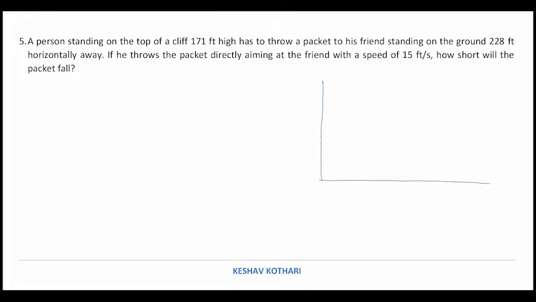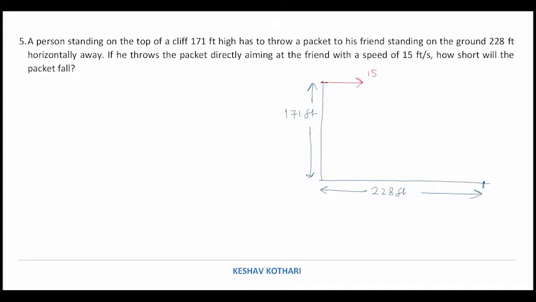So I am marking one person over here who is standing on top of the cliff, which is 171 feet height, and the friend is standing at a distance of 228 feet somewhere over here on the ground. Now the particle is projected with a speed of 15 feet per second.